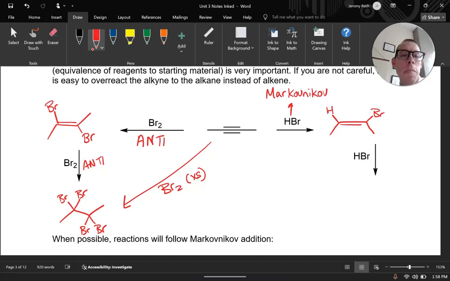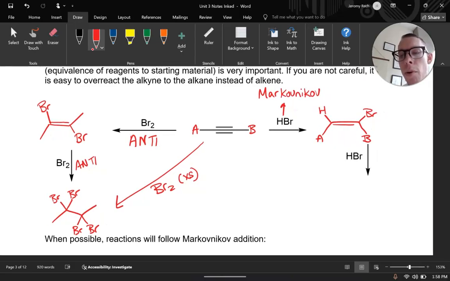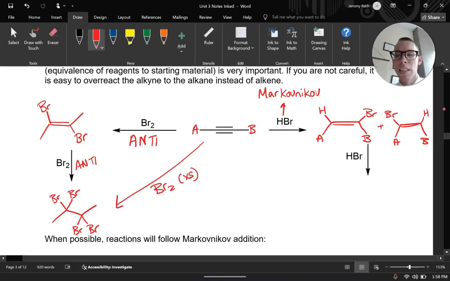Now this becomes a little bit messy, because if this is a symmetric molecule, it doesn't matter, but if we imagine one of these sides we'll call A and one of these sides B, you would get both this product where you have your bromine on our B side, and then you would also get your A and B bromine on the other side, and get a reaction mixture that includes both of those. This is where these can get a little bit messy and can kind of suck. So your yields will often be kind of cruddy with these.